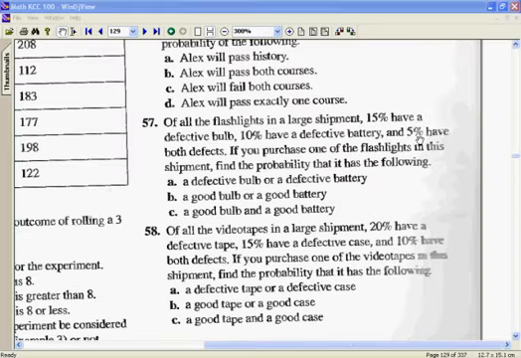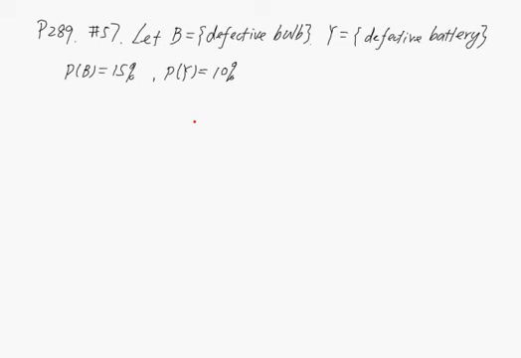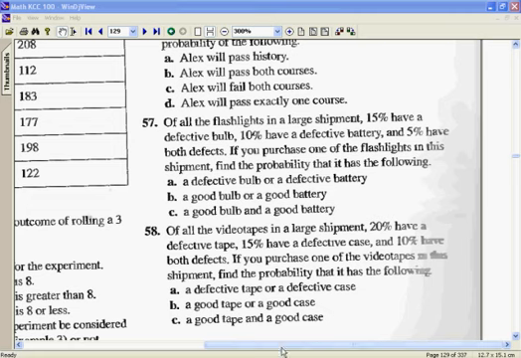Now, 5% have both defects. Having both is the union or intersection? Intersection, right? If I want to use B and Y to describe this event, that should be the intersection of B and Y, and this is equal to 5%. Okay, these are all knowns.